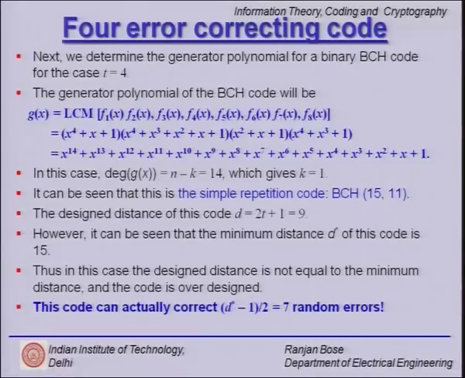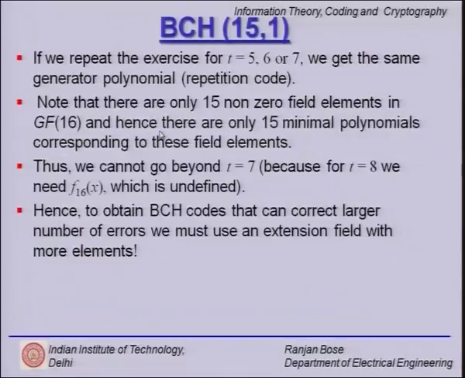That means our subsequent effort to go from a 4 error correcting code to 5, 6 or 7, we will get the same answer, because we have run out of minimal polynomials, right. So, for t equal to 5, 6 or 7, we will always end up getting that repetition code, because we have already multiplied out the minimal polynomials available to us.